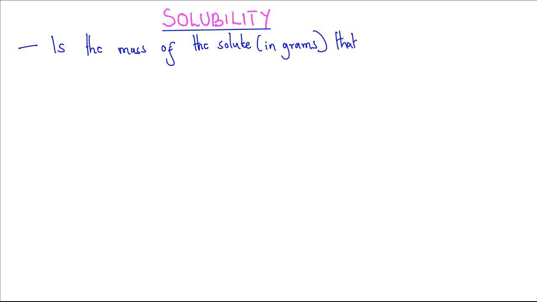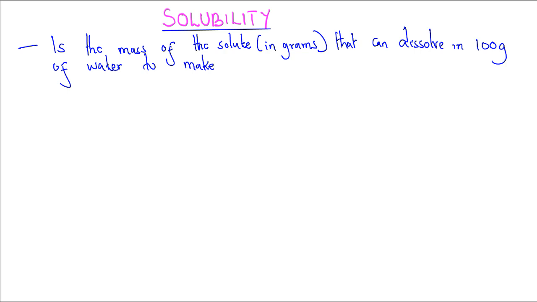And solubility of a solid is the mass of the solute in grams that can dissolve in 100 grams of water to make a saturated solution at a stated temperature.